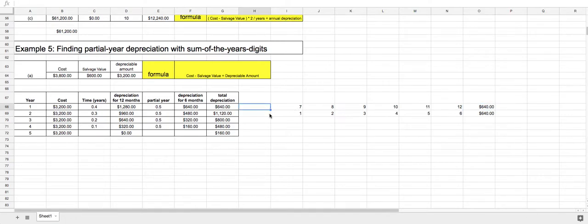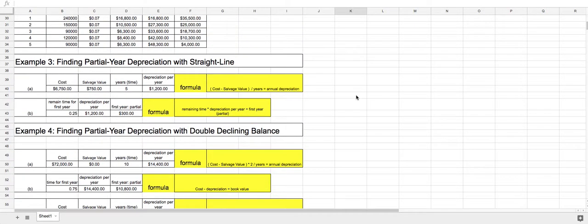So this would be year 1, this would be year 2. But now we're going to add the depreciation for the next 6 months, which would end up being 480. So you just keep adding on from the previous year until you find this. So the first 6 months is 640. The last 6 months would have been 160 for this. So this is finding the partial year depreciation with the sum of the year digits.